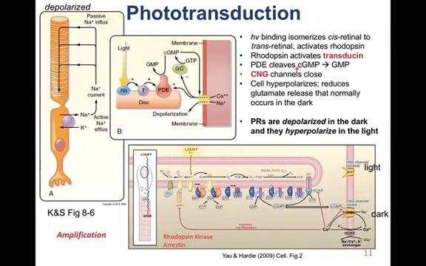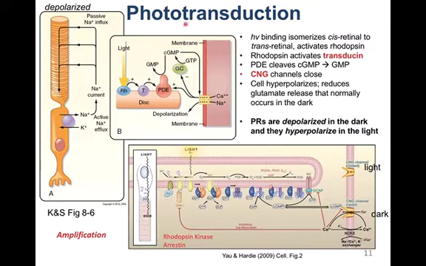But in these cells, that's happening in the dark. In the light, photoreceptors will hyperpolarize, and that will reduce neurotransmitter release, specifically glutamate release, that is normally happening in the dark. So, key takeaway: photoreceptors are depolarized in the dark, and they hyperpolarize in the light.